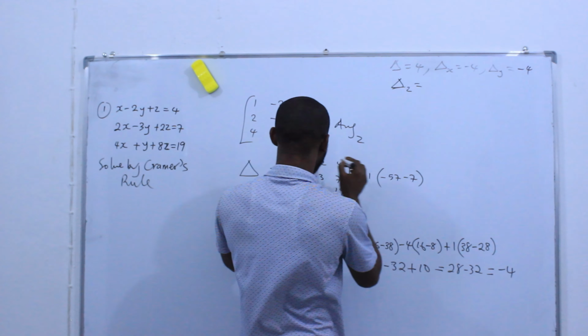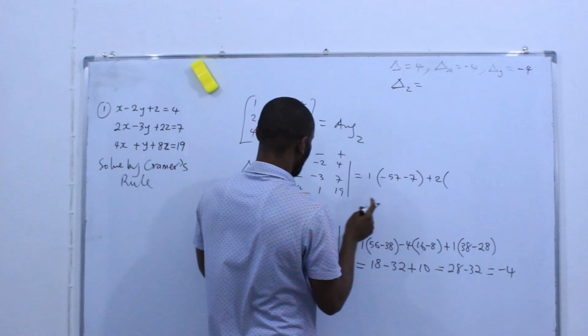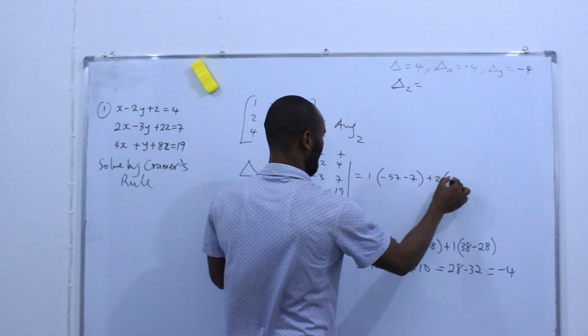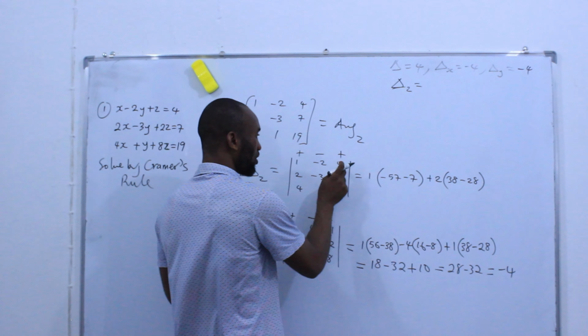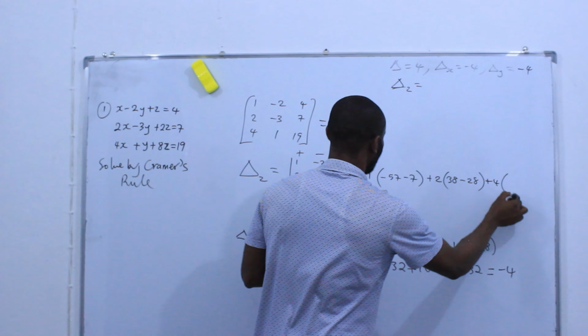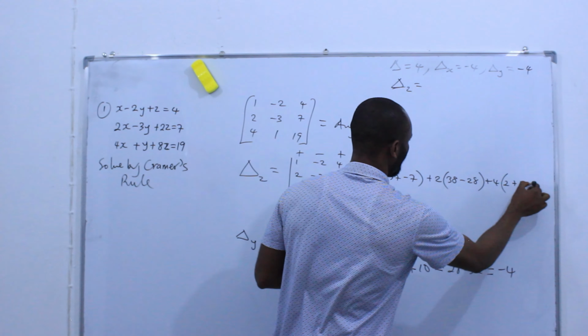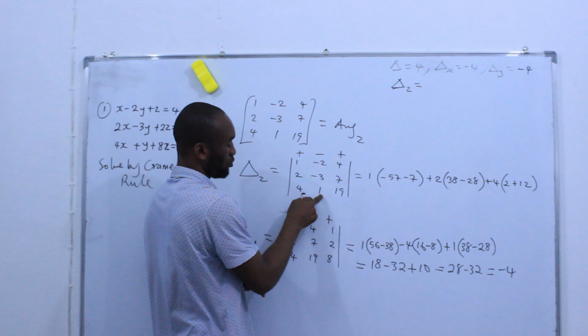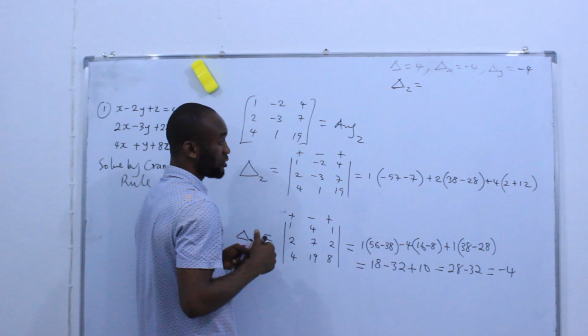And then you have, remember it's plus, minus, plus. So here you have plus 2 brackets, 38 minus 28. And then you have plus 4 bracket 2 plus 12. Because we have 2 times 1 is 2 minus 12. So minus 12 is plus 12.